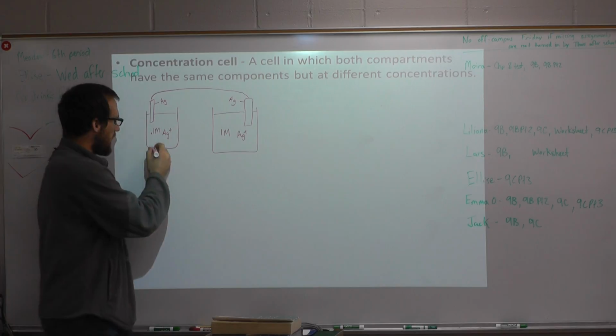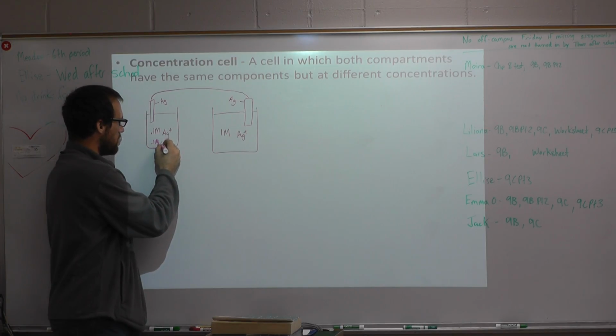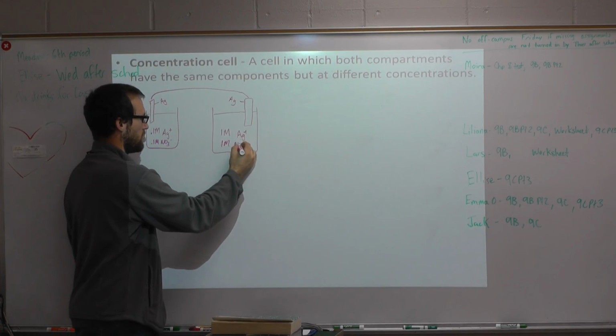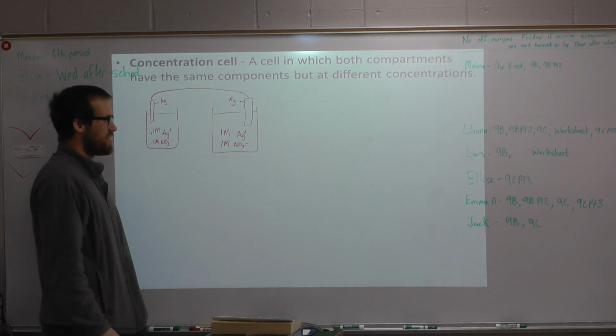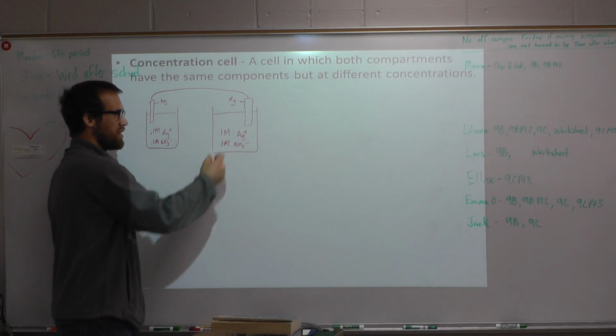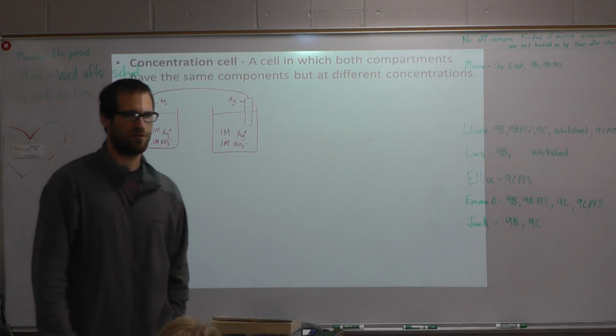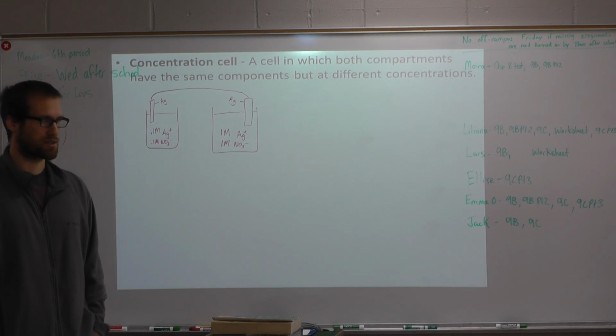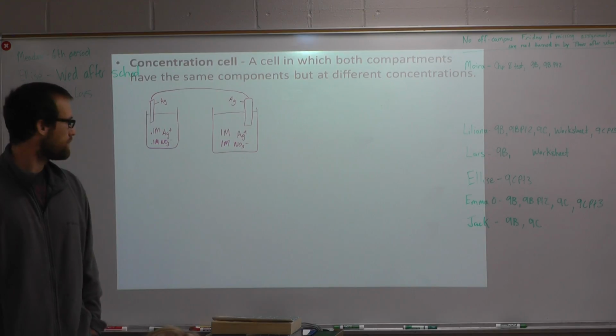Now they also have 0.1 molar NO3 minus and 1 molar NO3 minus there. That just is stating that this silver that formed the ions there came from silver nitrate. The nitrate isn't going to partake in the redox reaction at all.